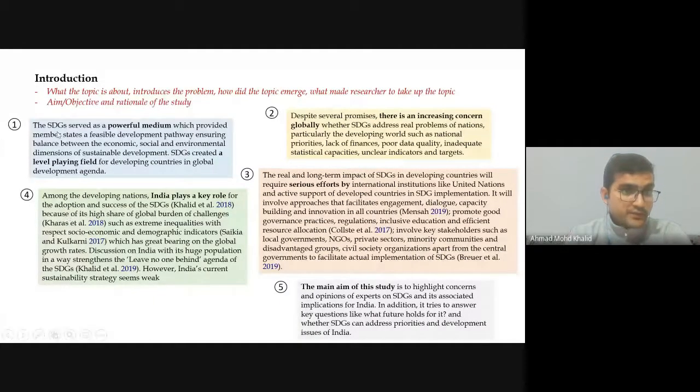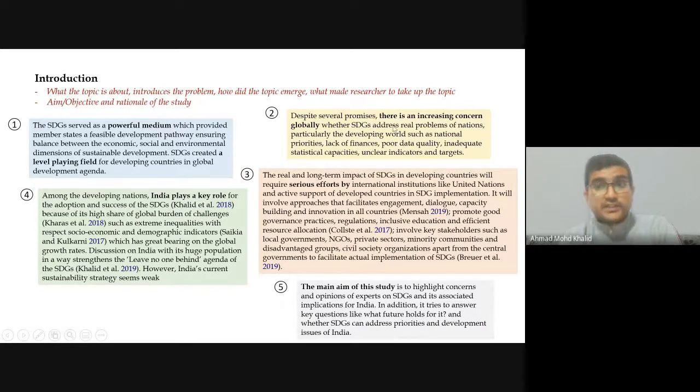He introduces in the introduction section that these are a powerful medium which provide member states a feasible development pathway that ensures a balance between economic, social and environmental concerns. He also says that SDGs created a level playing field for developing countries.